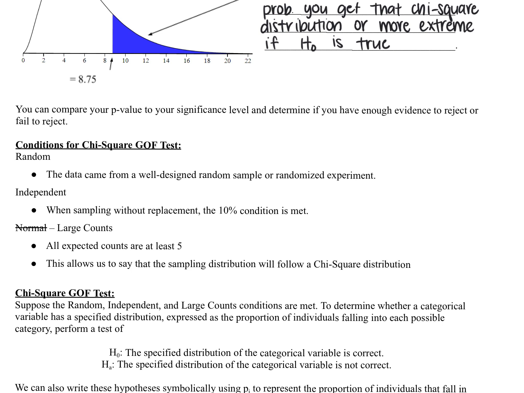For our independence, the 10% condition is met, and we don't really check normal because it's not a normal distribution. We check just to make sure we have a large enough sample size, and we hope that all expected counts are at least 5. And that allows us to say that the sampling distribution will follow a chi-square. So again, we don't really have to check the conditions. They're usually just all met in general.